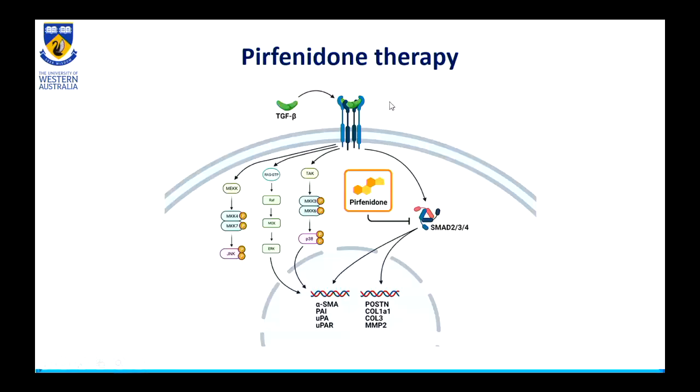And what pirfenidone is thought to do is it's supposed to work by blocking SMAD2/3, which is a signaling pathway for TGF-beta, at least the canonical signaling pathway for TGF-beta, because there are a lot of other signaling pathways that also work through TGF-beta. And then the downstream is to have the effects, as I said, on fibroblast differentiation to myofibroblasts, collagen production, etc.